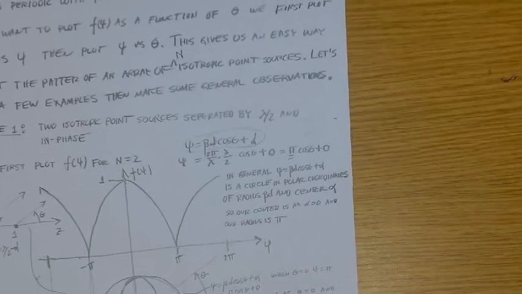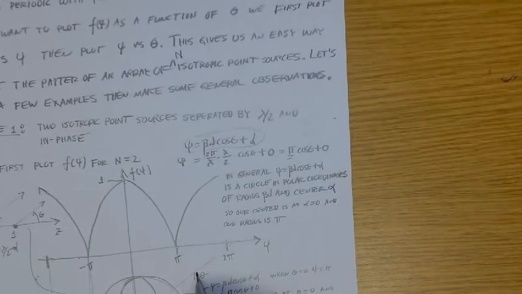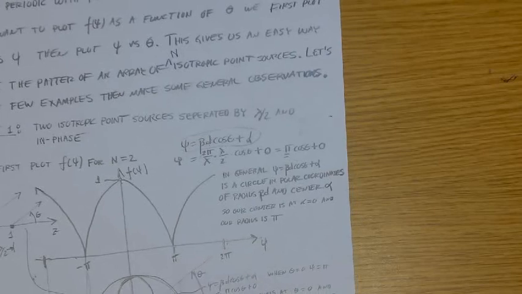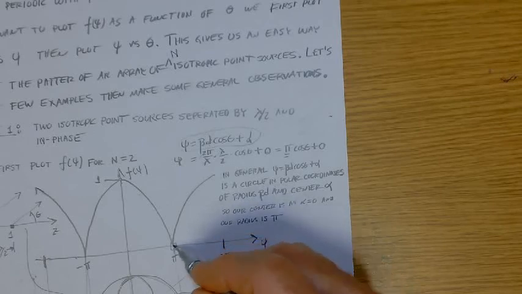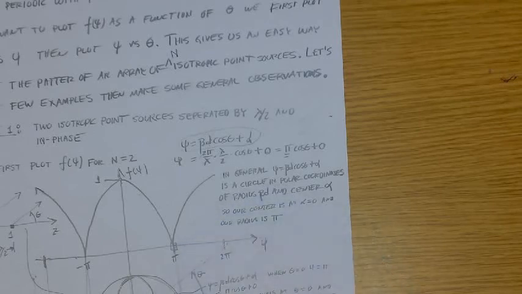Now, theta, this is the line of the array, the z-axis. Theta is measured up this way. So when theta is 0, I just go up here to figure out what the value of the pattern is. In the theta equals 0 direction, I come out here, go straight up, and read it off of the f of psi versus psi curve. So in the theta equals 0 direction, the value of the pattern is 0. So I have a null in that direction.